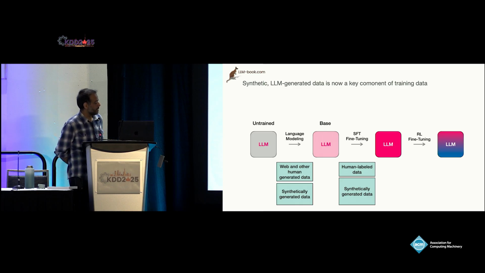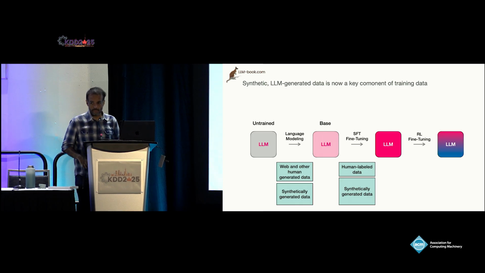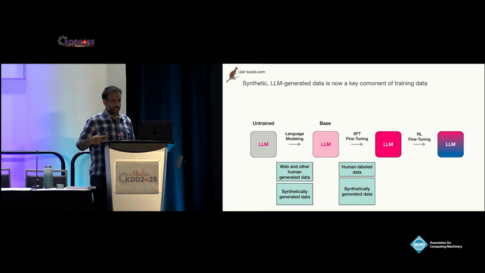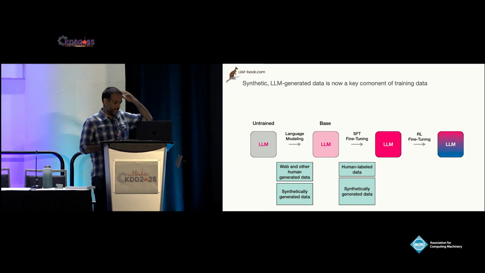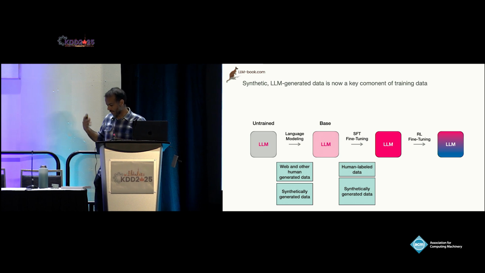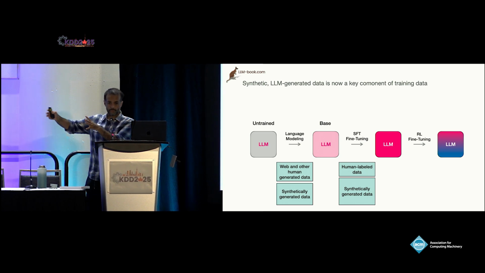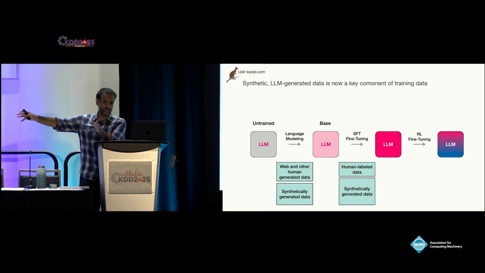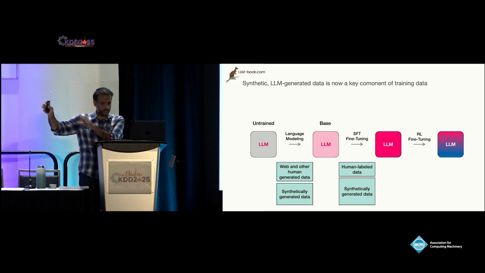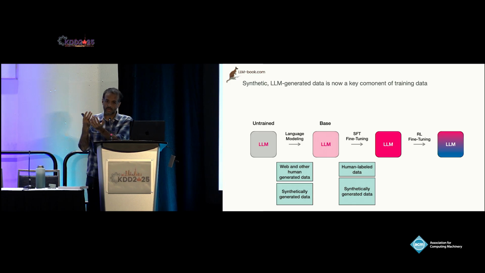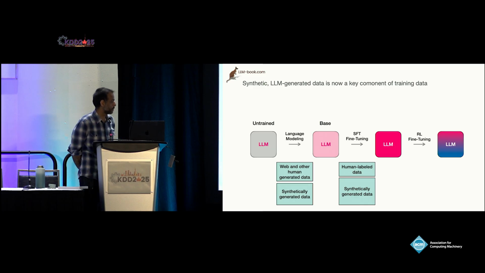And it works in both. You're seeing it in the pre-training, so massive amounts of the pre-training is now synthetically generated, but also you see it in SFT. The big jump that made me realize this is that for Llama 2, the post-training data was all human annotated. For Llama 3, the post-training data was mostly annotated by Llama 2. So you can see the jump between these two papers. I just read them.